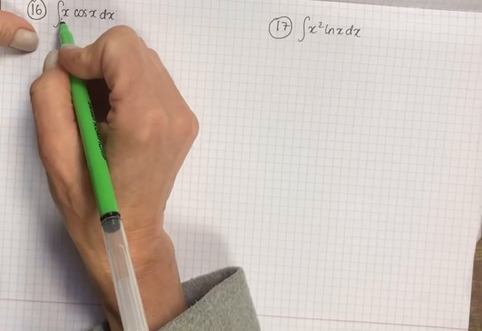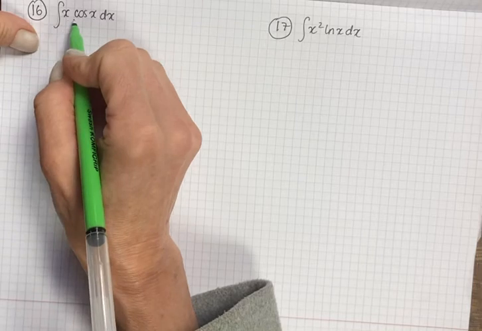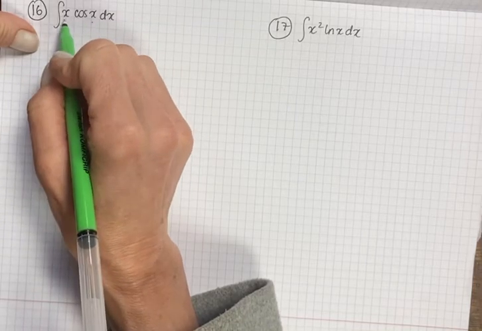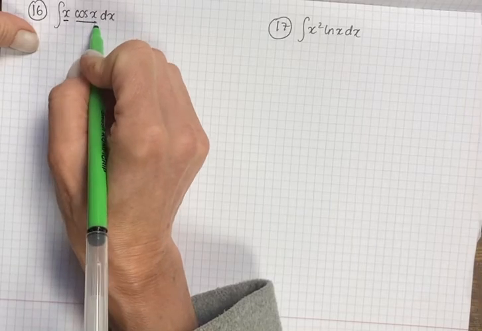So I will go through some detailed rules in a minute as well. So you've got two functions. There's a product of two of them. You've got x, which is multiplied by a trig function.